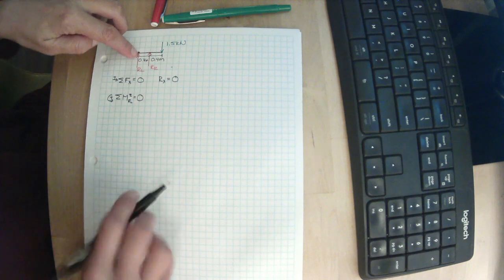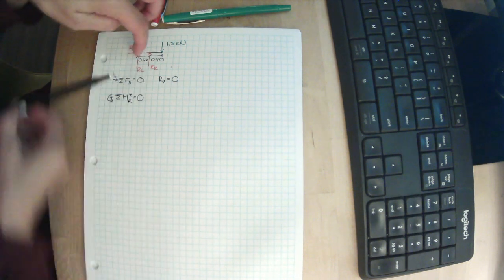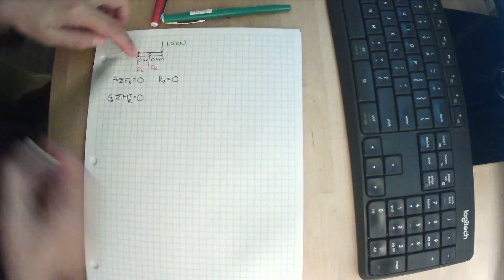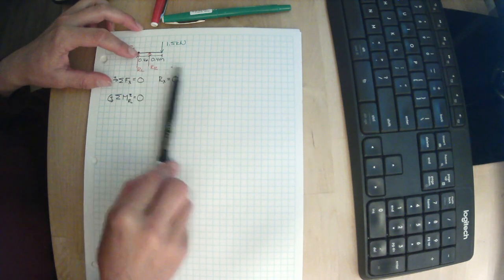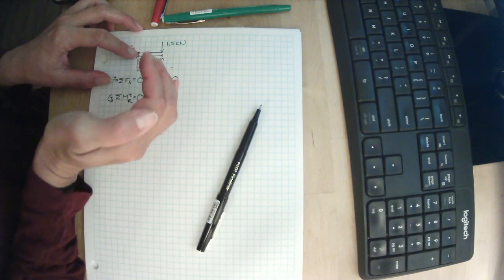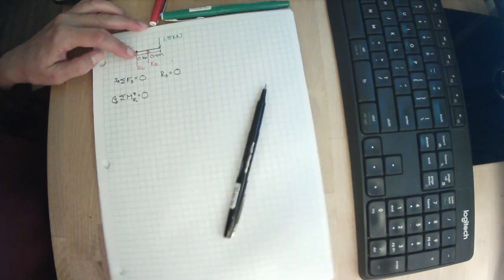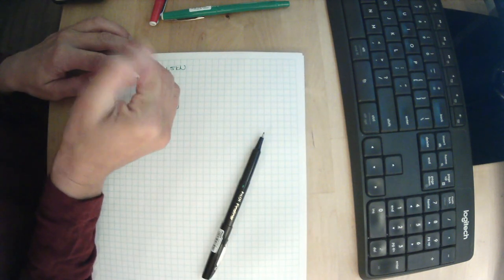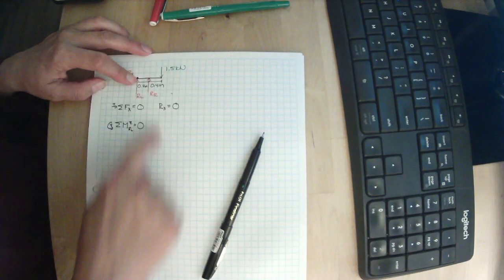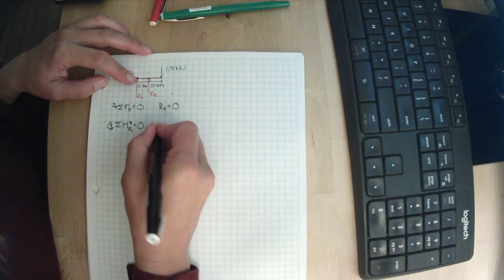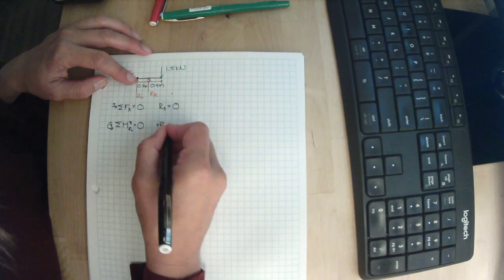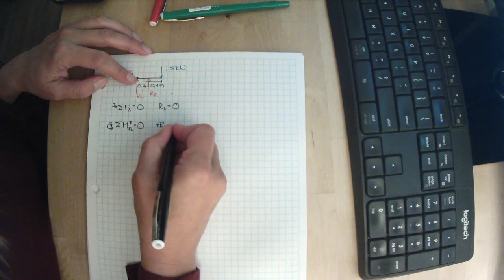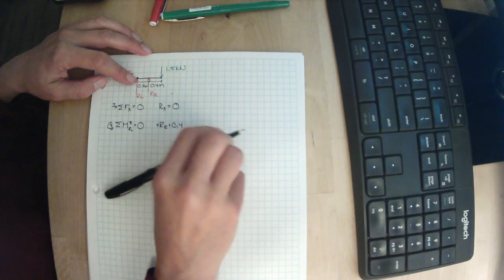So if I put my pin right there, RL acts through it, Rx acts through it, so the only thing causing it to spin are RR and our 1.5 kilonewtons. RR is trying to make it spin in that direction. My thumb tells me that is a positive moment. So RR is trying to spin it in the positive direction, and its distance away is 0.4 meters.